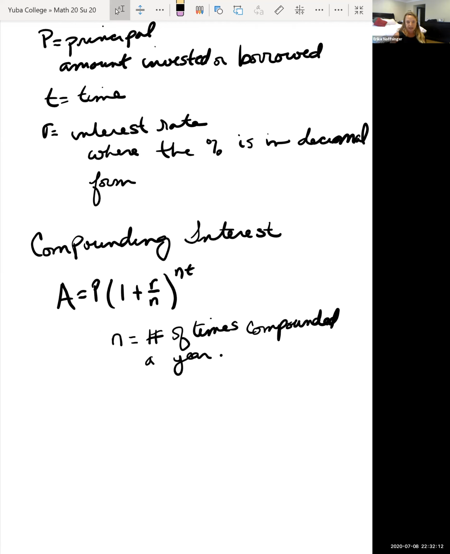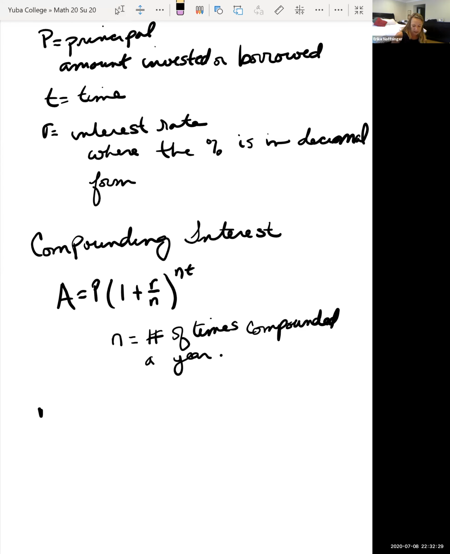So sometimes things compound continuously. You can think of it as breaking it down into minutes, then seconds, fractions of a second, so it's continuously compounding and getting interest.